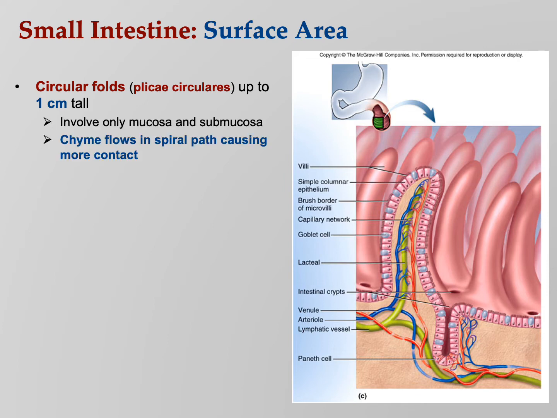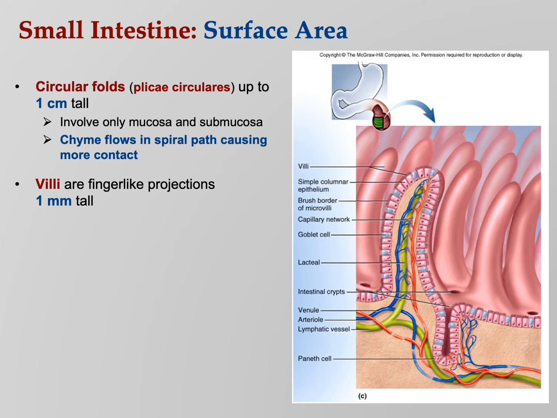They have only mucosa and submucosa. Chyme flows through. Look at the diagram on the right. You can see how the chyme is going to have to swirl through that. And as it does, it slows down. And that gives it a chance to come into contact with it. It has to work its way through the villi, and then there are the microvilli on top. They're going to have enzymes on them.